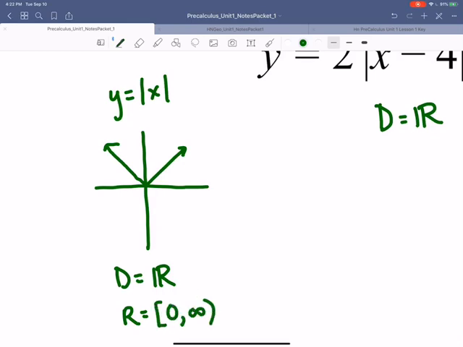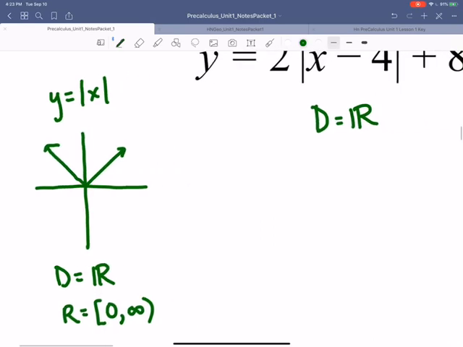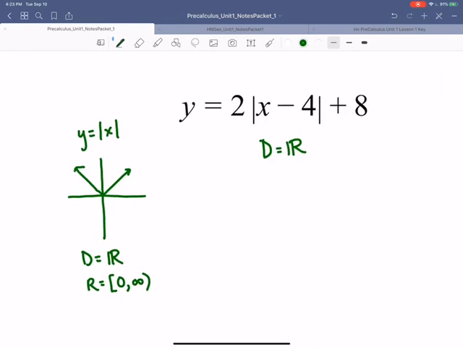If we take the absolute value of 0, we get 0. If we take the absolute value of a positive or negative number, we're going to get a positive output. So if we shift that range 8 up, that gives us 8 to infinity.